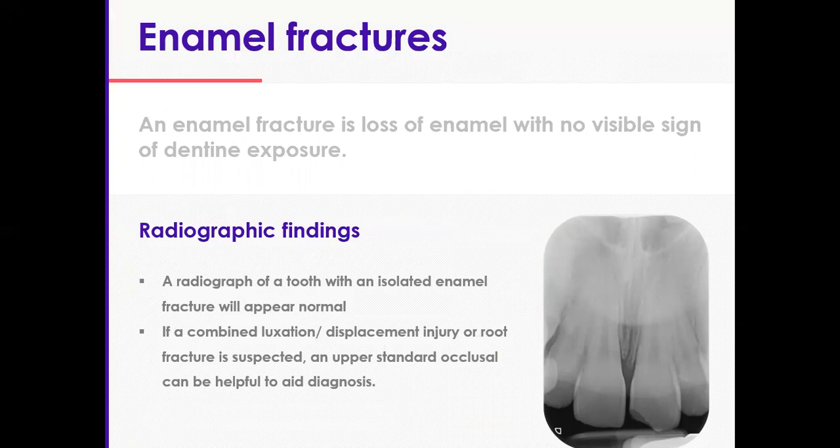Please look at everything. Have it done systematically so that you won't miss anything. I suggest that you have a flow chart so that you can just tick boxes as you go through them. And look at all the teeth. Don't look at just the one that is chipped. If you suspect luxation or displacement, take an upper occlusal, which can help you in diagnosis.